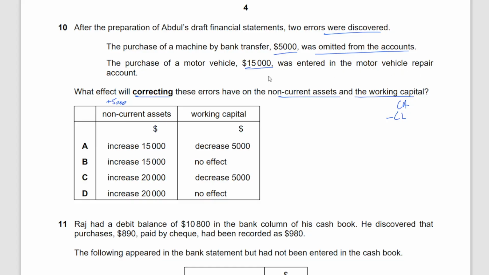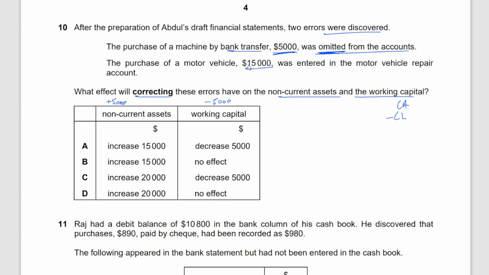Okay, and by the way, for the first one, the purchase of machine by bank transfer, we omitted that, and that means we did not record the bank transfer as well, and so our current assets will go down by 5,000, right? Our current assets will go down by 5,000 because this was previously never recorded, but now we realize, and so we have to remove 5,000 from our bank, which goes into current assets, and we have to increase our non-current assets by 5,000, which was never recorded before.